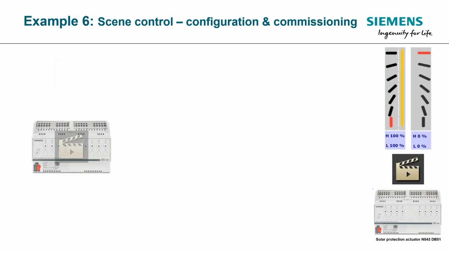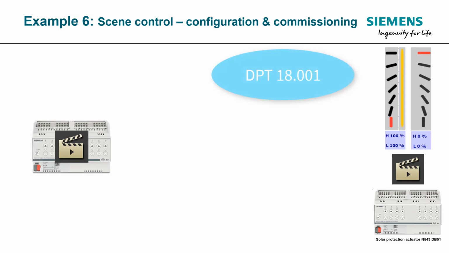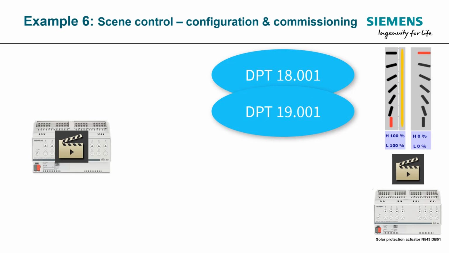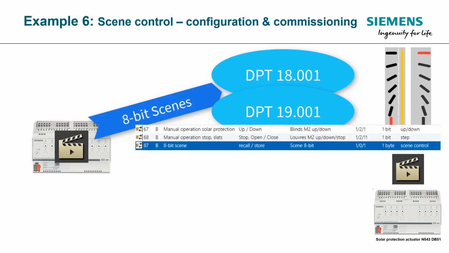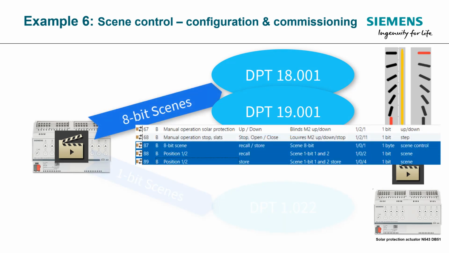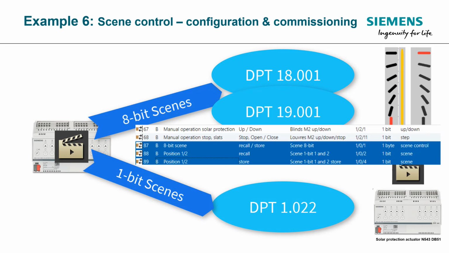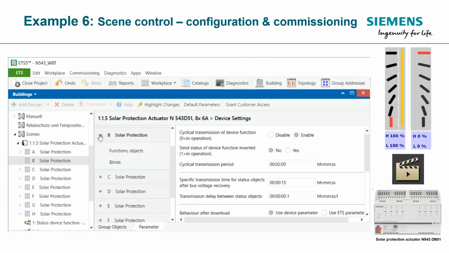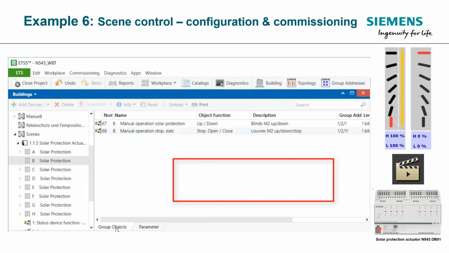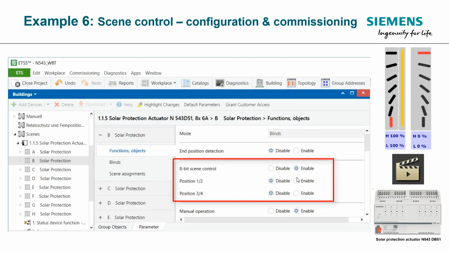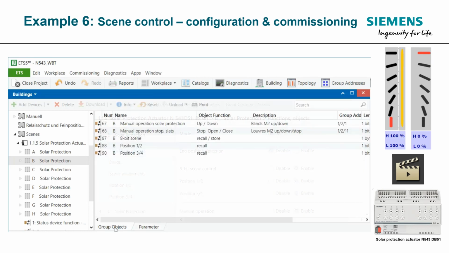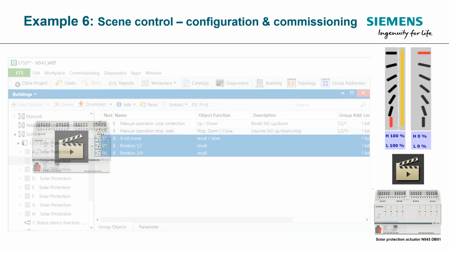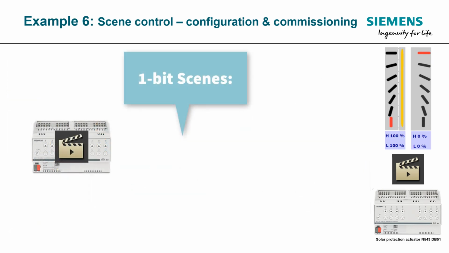The scene control function of the solar protection actuator is available as data point type 18.001 to 19.001 with 8-bit objects, as well as with 1-bit scene objects according to data point type 1.022. The scene objects are enabled for each channel of the actuator on the page Functions, Objects. Let's start with the 1-bit scenes.